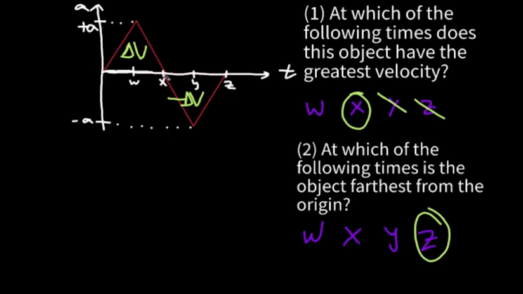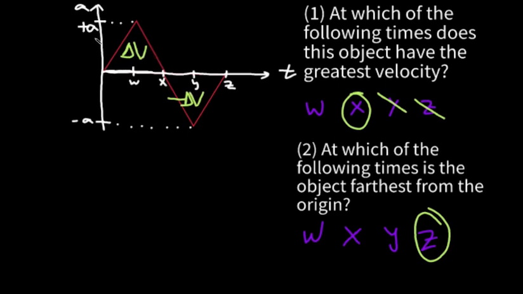However, once we reach point x and we start going downwards, the object is still having a positive velocity. However, we have a negative acceleration, so it's moving forward, but it's slowing down. And because these changes in velocity are the same, because we have equally spaced intervals and we fluctuate between this positive acceleration and this negative acceleration, the change in velocity here is the same as the change in velocity up here.